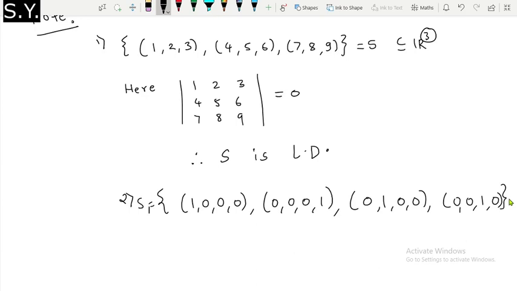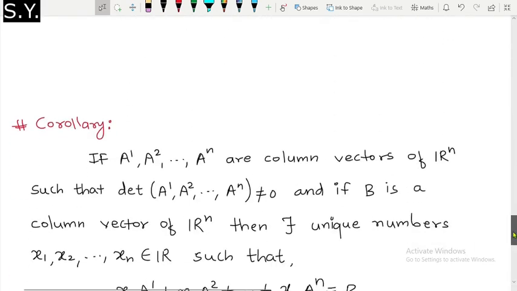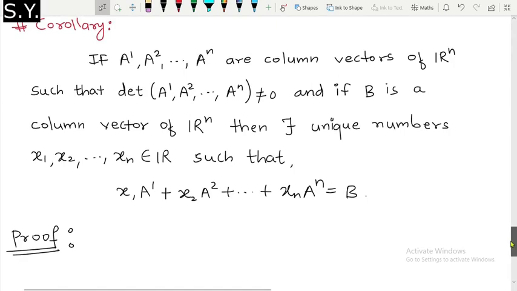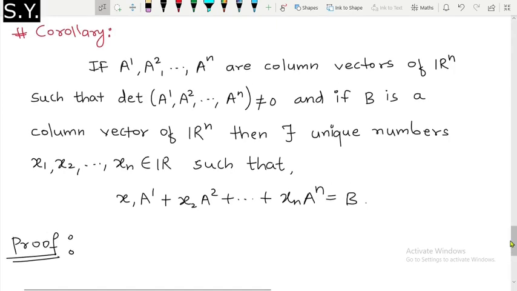Just check linear independence or dependence of this set. Note that it is a subset of R^4 and the number of vectors is also 4, so you can use the concept of determinant. Find the determinant and see whether it is 0 or non-zero. If it comes out to be 0, the set is linearly dependent, otherwise it will be linearly independent.